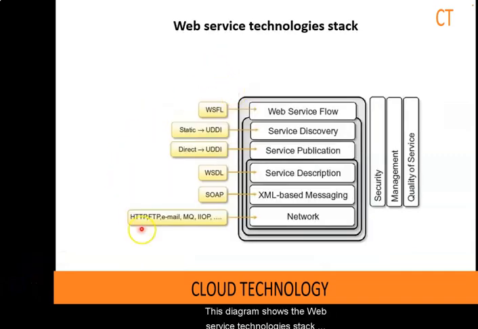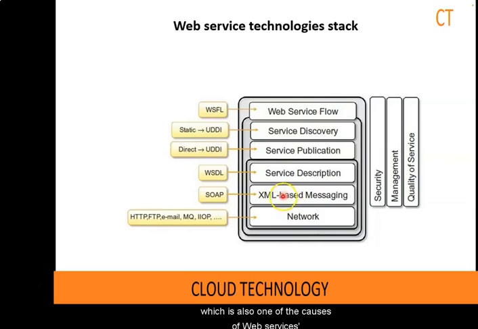This diagram shows the web service technology stack that lists all the components of the conceptual framework describing and enabling the web services abstraction. These technologies cover all the aspects that allow web services to operate in a distributed environment, from the specific requirements for networking to discovery of services. The backbone of all these technologies is XML, which is also one of the causes of web services' popularity and ease of use.